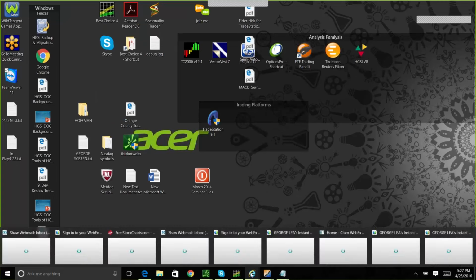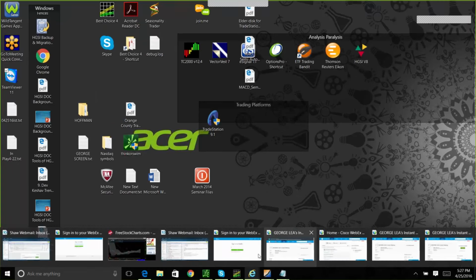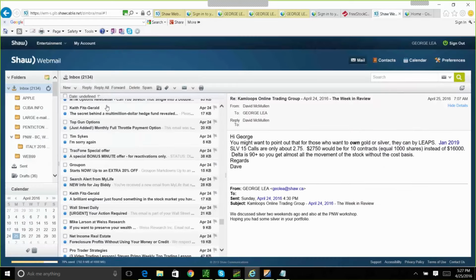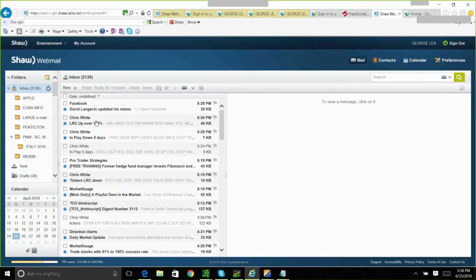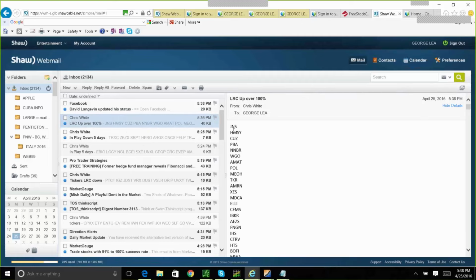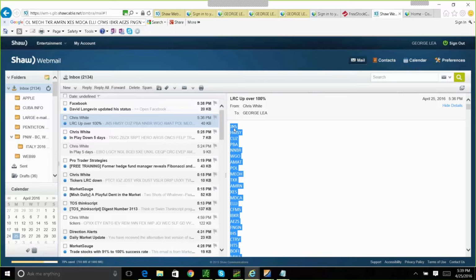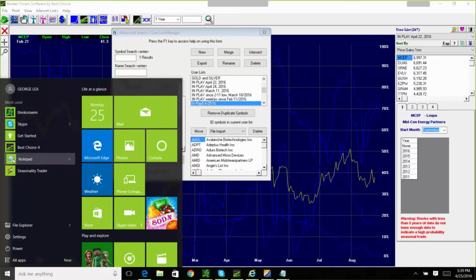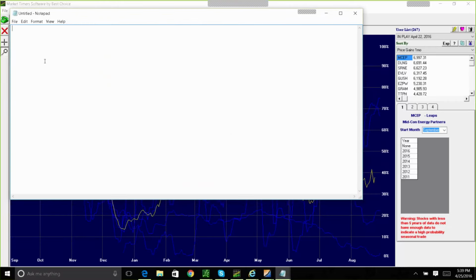Okay, and I'm going to open my webmail here and find the emails that Chris sent me. There it is. Once again, I'll click the top one and hit Control A and then Control C. I'll come into my text file, into Notepad, and paste it in.